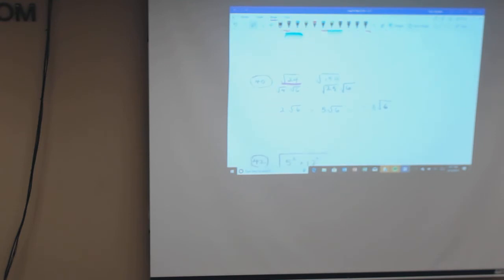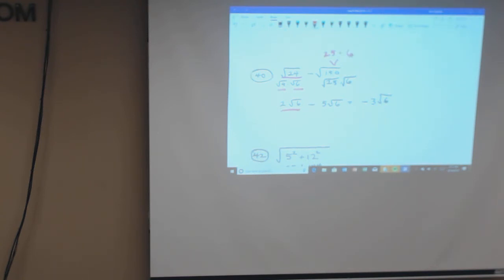No? Number 40, radical 24 becomes radical 4 times radical 6, which is 2 radical 6. And radical 150 becomes 25, because I know that's my magic number, times 6. Whoa, now it's too big.